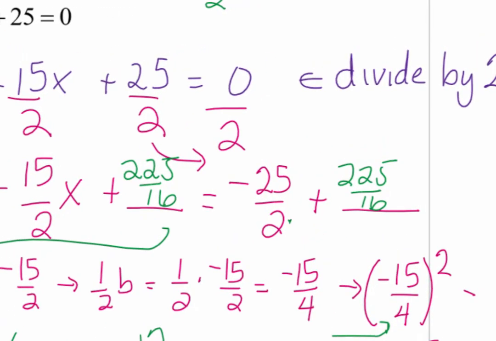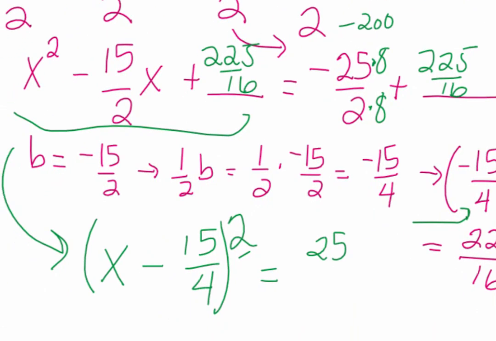So I need 16s down here, right? 25 times 8 is negative 200. Plus 225 is 25 over 16.